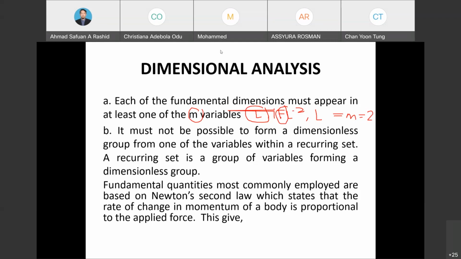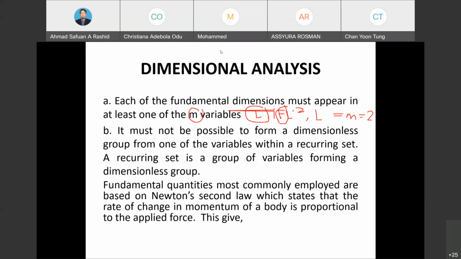So the fundamental quantities are commonly employed based on Newton's second law, which states that the rate of change in momentum of a body is proportional to the applied force.